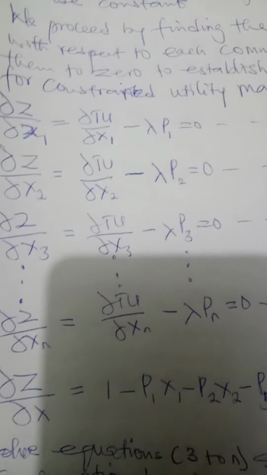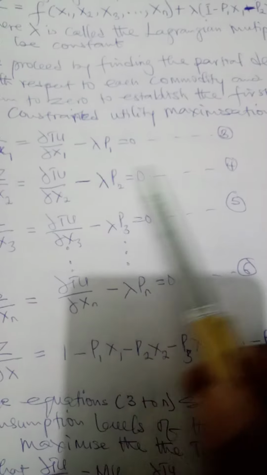What we have here, we have as equation 3. Earlier, the budget constraint we named as equation 1.